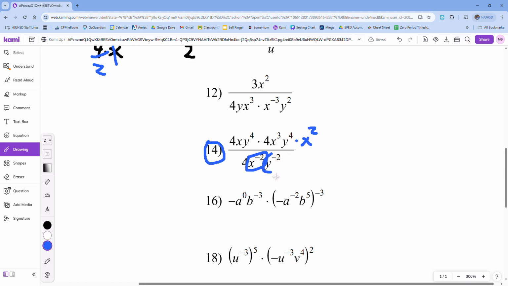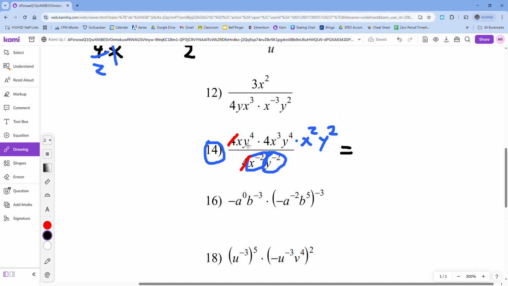Same thing with this y right here. This is going to be y squared. And this 4, do you see that 4 hiding right here? This 4 is going to cancel with one of these 4. It doesn't matter which one you pick, just whatever's convenient for you. So we actually don't have a denominator anymore. The denominator is gone, and we just have to worry about what's left from the numerator.